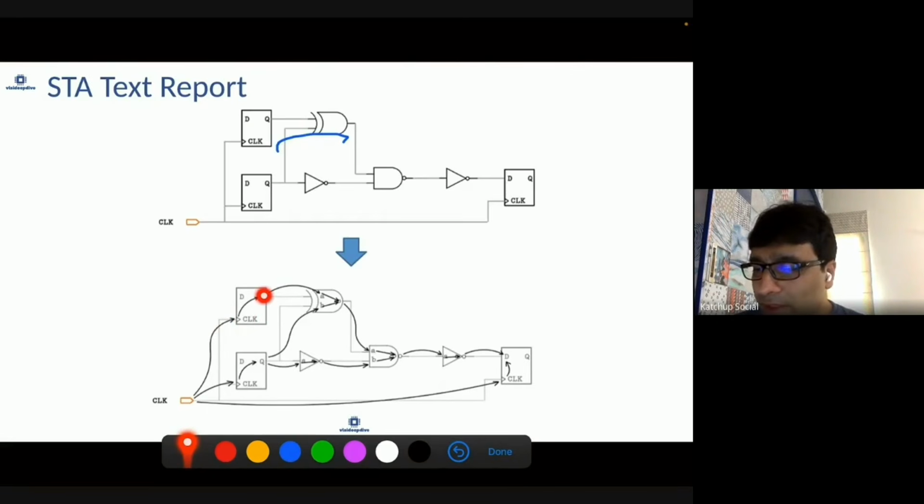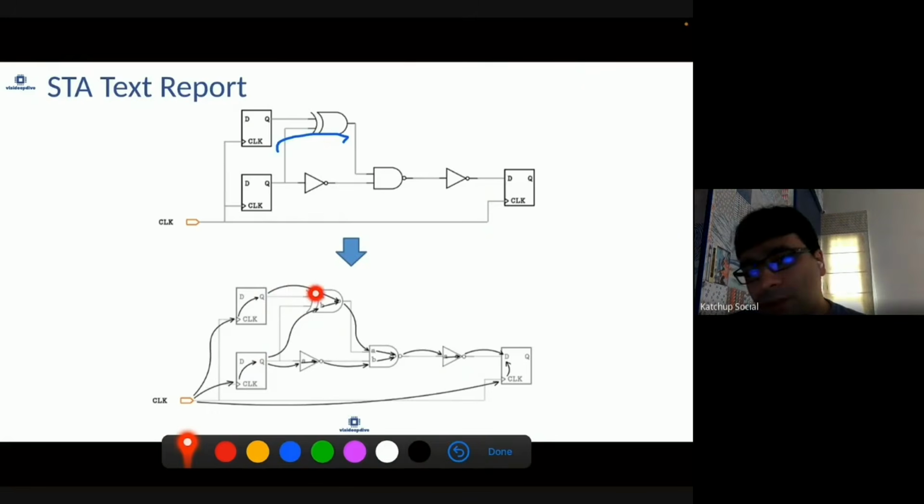For example, for STA, this will be a node or a net. This Q pin of this flop will be a node. The D pin will be a node. The clock pin will be a node, and all the connected logic is converted into arcs. For example, Q pin to the A pin of this gate here is an arc. Then there is an internal arc, which is the cell arc. So there's a net arc and a cell arc. Similarly, the logic is converted into arcs.